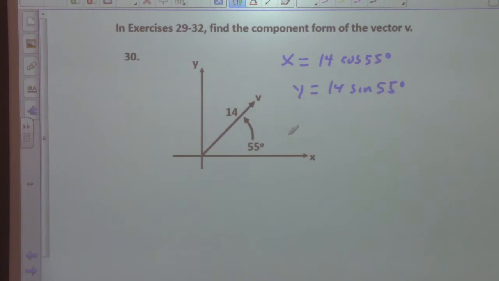Now it's just really a calculator button thing, isn't it? For x, I got 8.03. And for y, I got 11.468. Okay, all right, thank you.